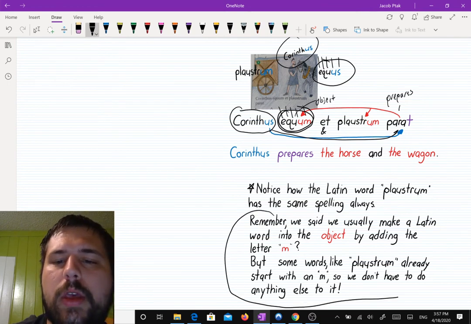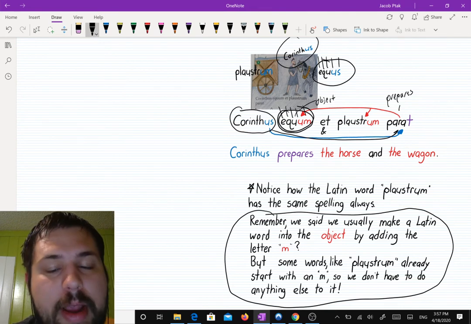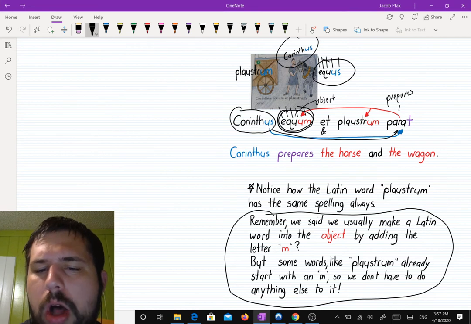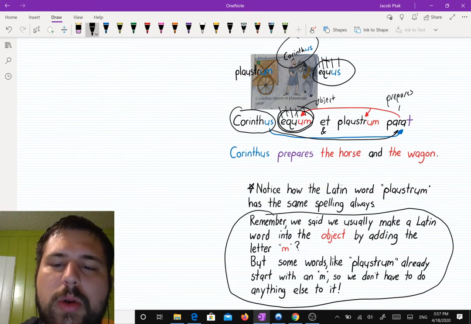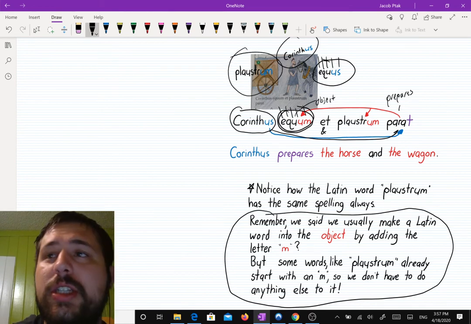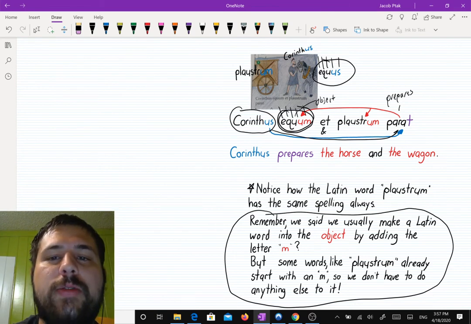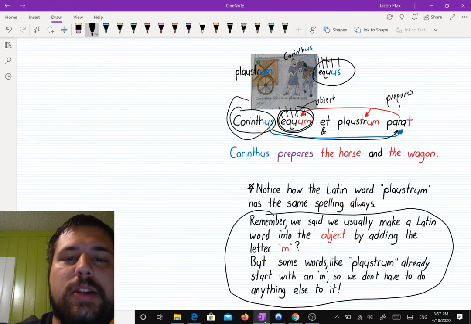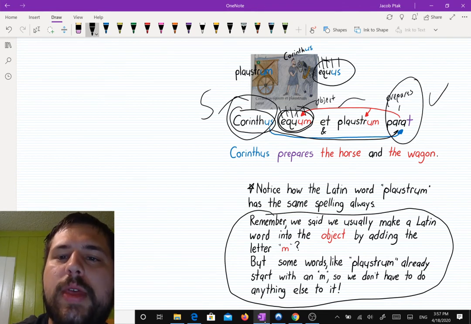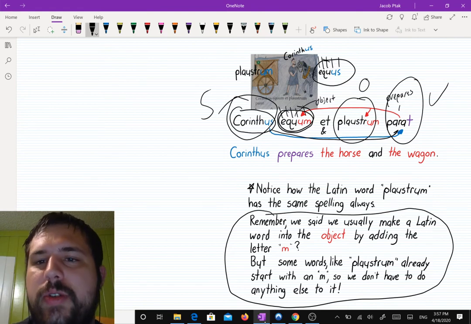Remember, we said we usually make a Latin word into the object by adding the letter M, but some words like plaustrum already end with an M, so we don't have to do anything else to it. So this word plaustrum could actually technically be either the subject or the object, and you have to figure out what it is, because this word has to be my subject, this word has to be my verb, so then this one has to be the object, because it wouldn't make sense for it to be a subject.